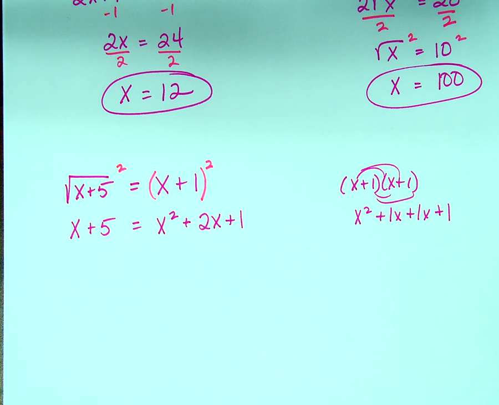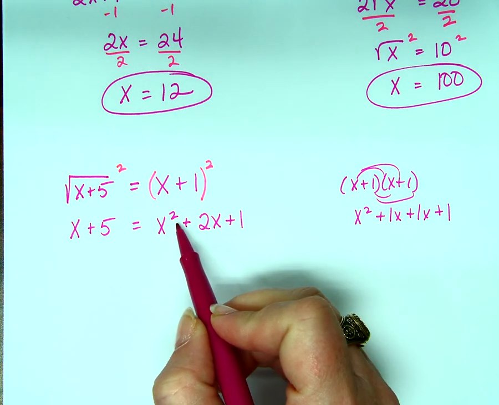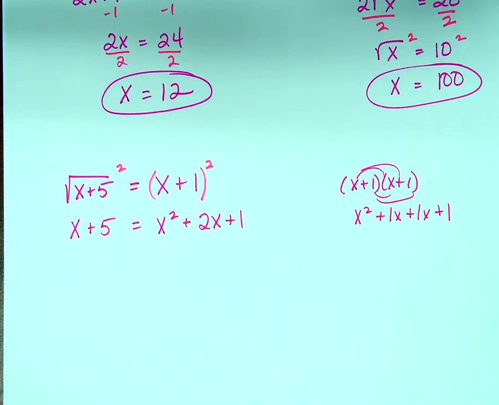Now what kind of problem has this become? Definitely a quadratic, right? So if it's a quadratic, what do I usually need to get it equal to? 0. That's right. So if I'm going to get it equal to 0, what do I need to do that?